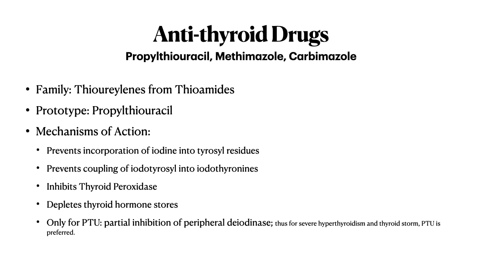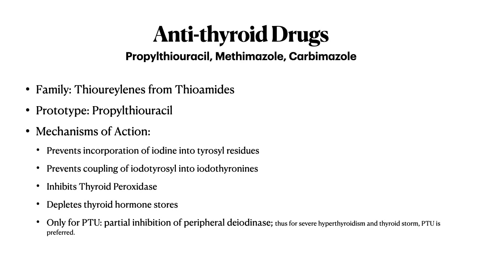So only for propylthiouracil, there will be partial inhibition of peripheral deiodinase. So what does that mean? That final step, which converts the prohormone T4 into the active hormone T3, will eventually be inhibited by propylthiouracil.